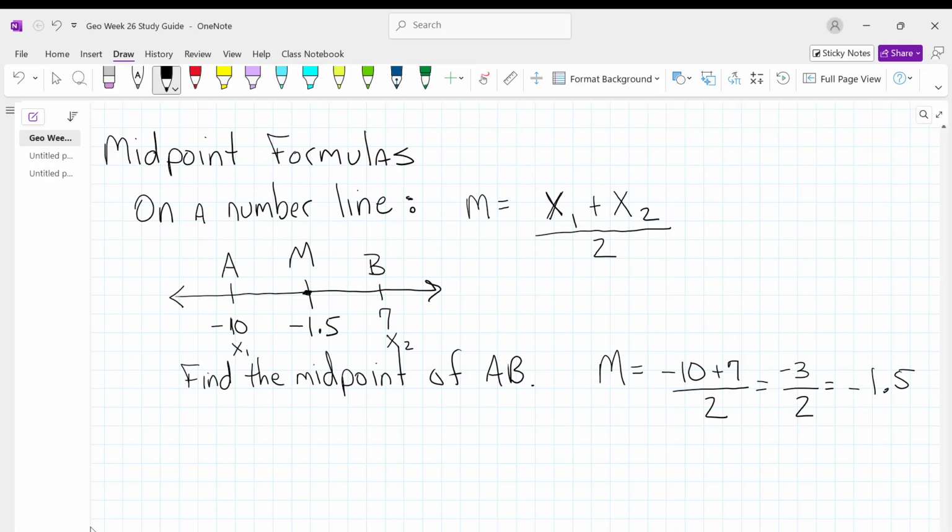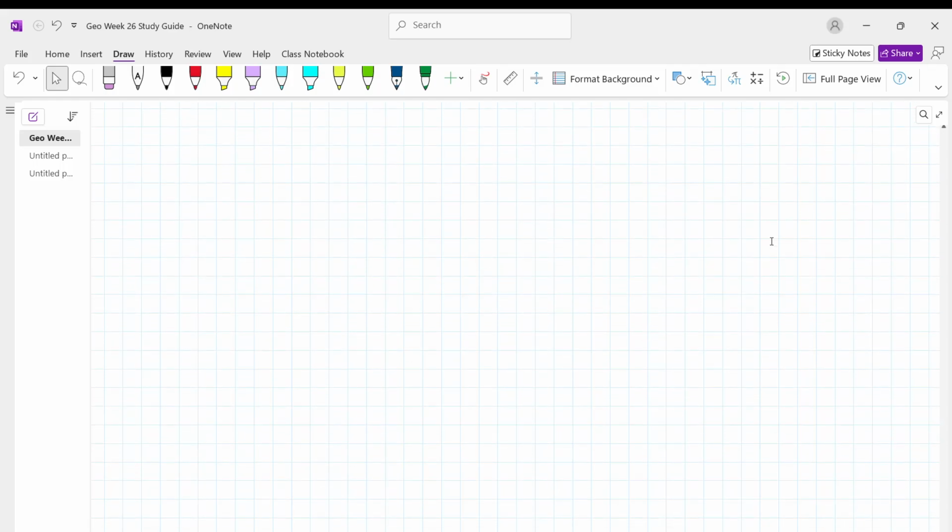All right. So the second formula that we're going to use for midpoint is down on the bottom of page 27. And now we're talking about on a coordinate plane.